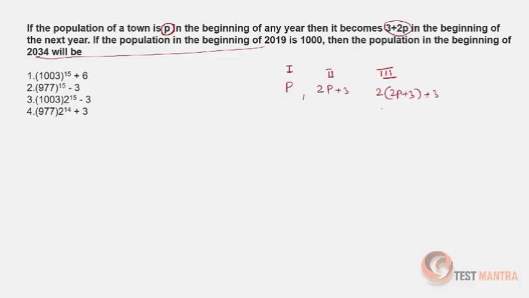which is nothing but 4P plus 9 is the value possible here, right? Then again next year it's twice of 4P plus 9 plus 3, which is nothing but 8P plus 21, right?